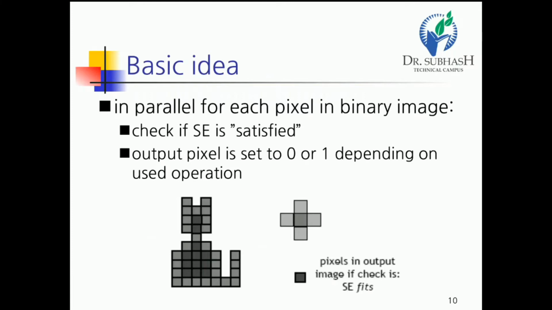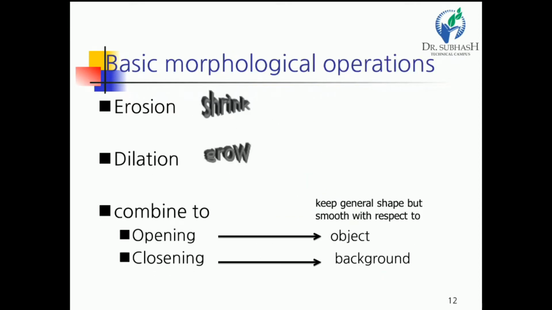Now the basic idea regarding structuring elements: in parallel for each pixel in a binary image, check whether the structuring element is satisfied or not. The output pixel is set to either 0 or 1 depending on the use of this operation. 0 can be represented with gray scale and 1 with black dots, right?